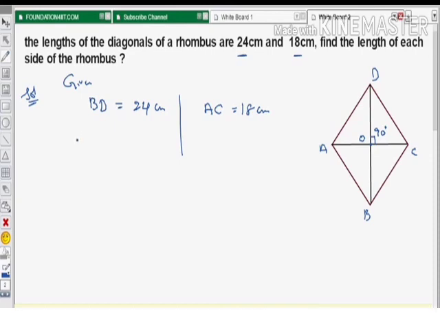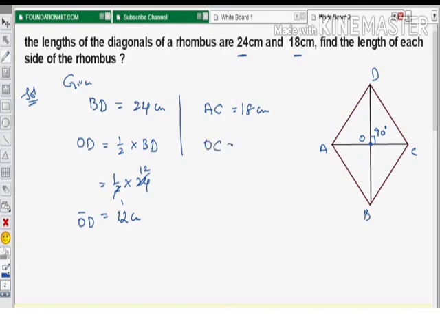So O to D distance is half of BD, because O is the midpoint of the diagonal. O is the center point because the diagonals intersect each other. Half of BD is half of 24, which is 12 centimeters. Then OD is equal to 12 centimeters, and AC is 18.